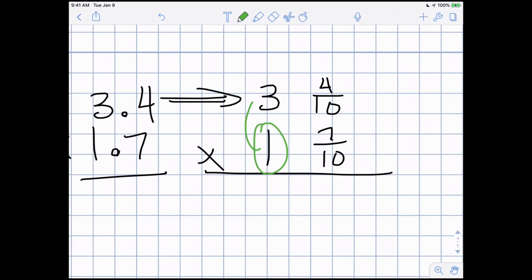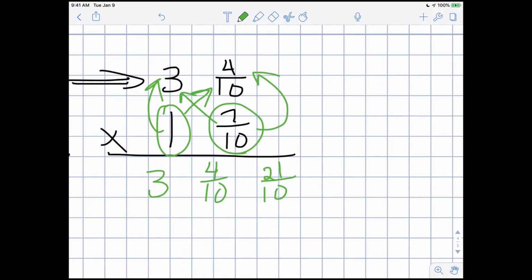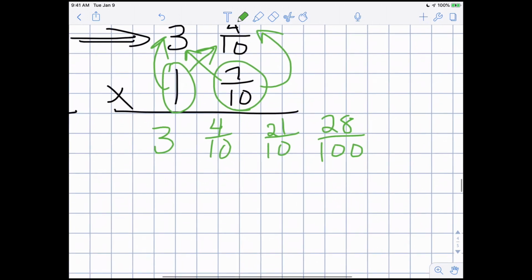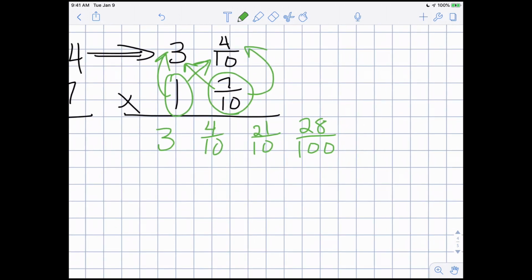Let's start with 1. 1 times 3 is 3. 1 times 4/10 is 4/10, and then multiply by 7/10. 7/10 times 3 is 21/10. 7/10 times 4/10 is 28 hundredths. And now we're going to add all of those together. And that's a neat way to do it if you want to think about it that way.